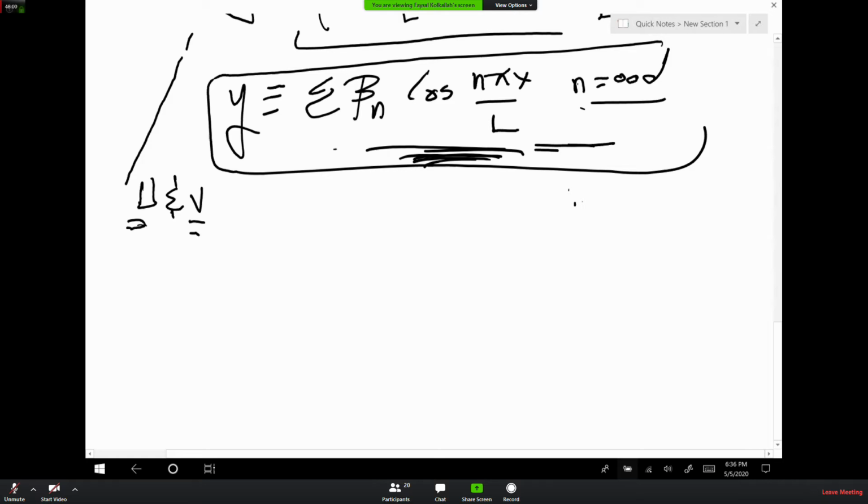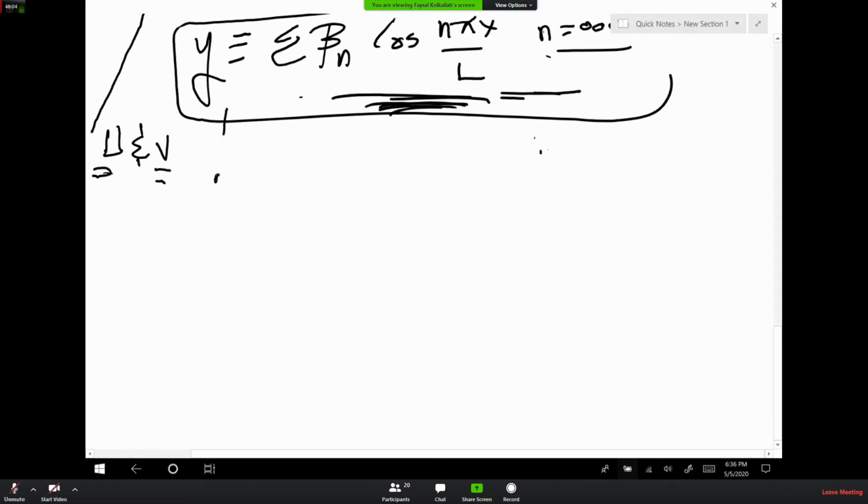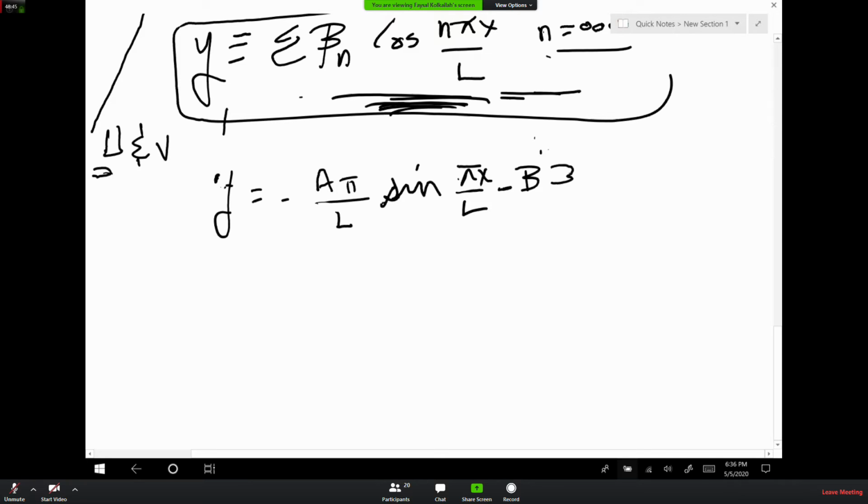So in this case, if this is y, here is y prime, which will be minus a pi over L sine pi x over L, minus b 3 pi over L sine 3 pi x over L.